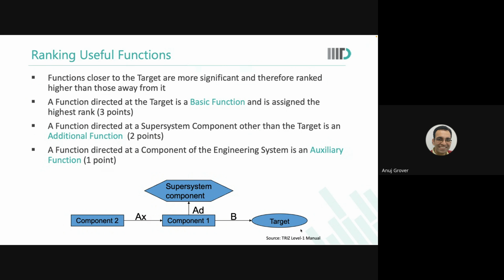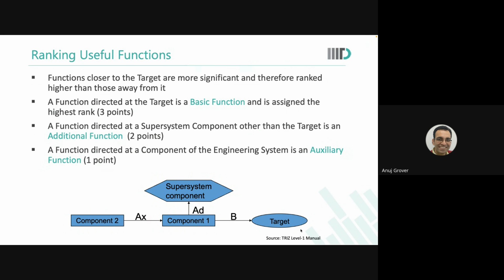But what is important is that you have to rank functions. This is a very simple ranking; you may go for a more complex ranking for whatever projects you are choosing to work on. The essence of all of this is that anything that touches the main object of my engineering system is the most important and is given the highest rating.